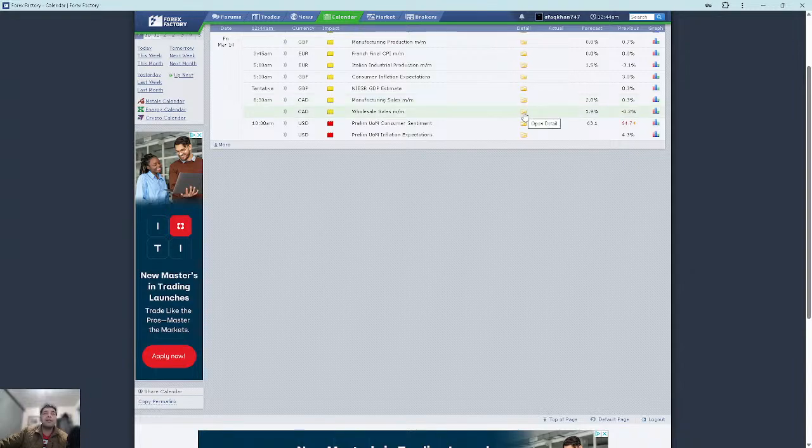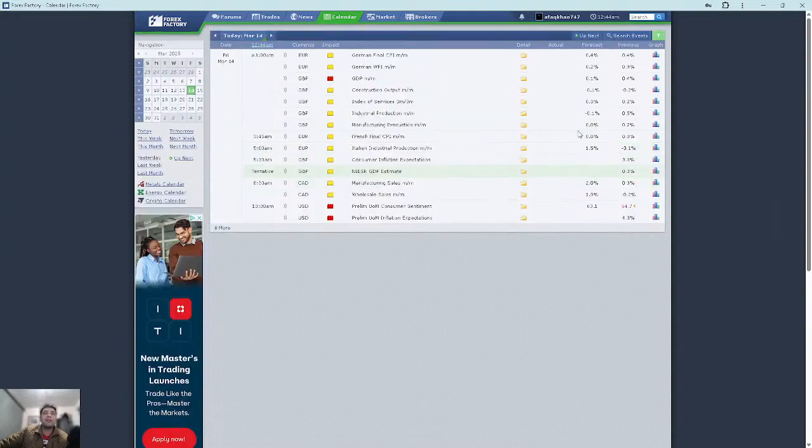For example, that can really be beneficial for CAD today. On the other hand, we see that manufacturing sales have also been increasing. So if the data comes in negative or lower than this, there is a big change. By the way, guys, it is really important that you see what the previous and the forecasted values are.